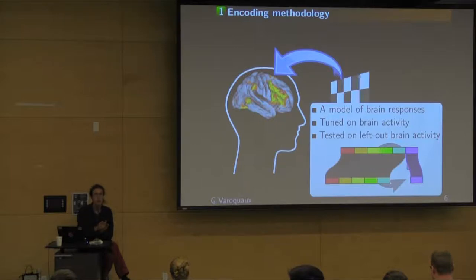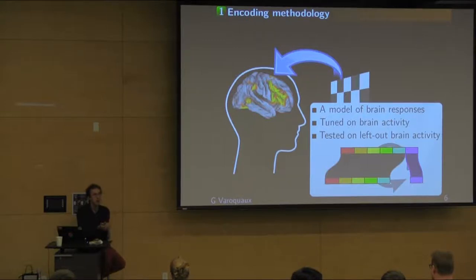And once we've done this, it's very important that we test it on left out data. The reason this is important is that the minute we've adapted choices in our model to explain best the data, the minute we've done this, we can't control what it means that the model explains well the data.